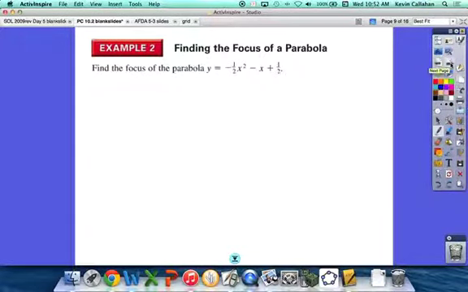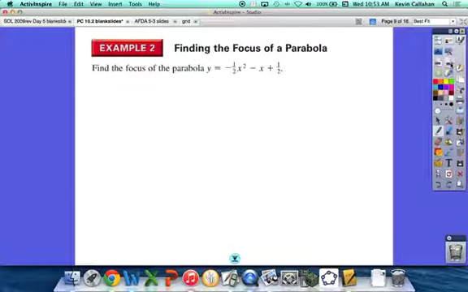Okay, find the focus of the parabola. This leads us to the fact that for most of what we do in this first part of the chapter, you're going to have to complete the square. That is just part of it. You get problems like this, it's rarely given to you already in the standard form. You have to be able to do that part. So in this case, start by completing the square in order to put it into the standard form.